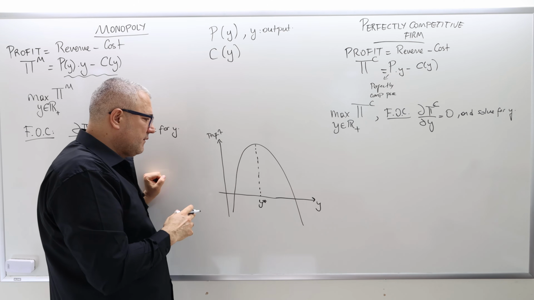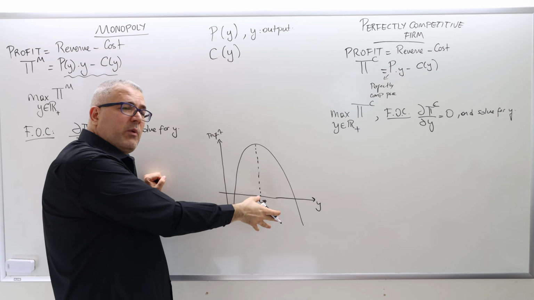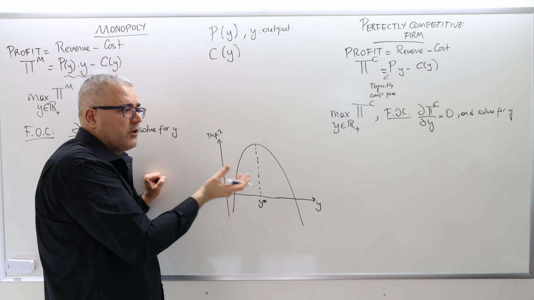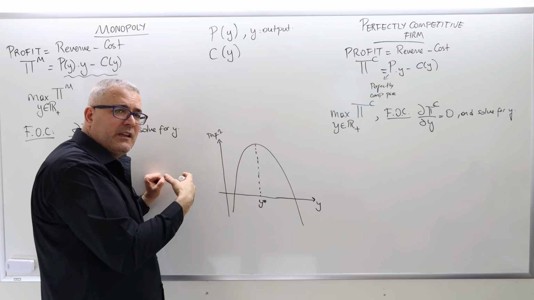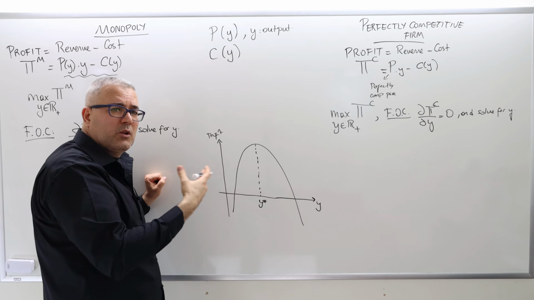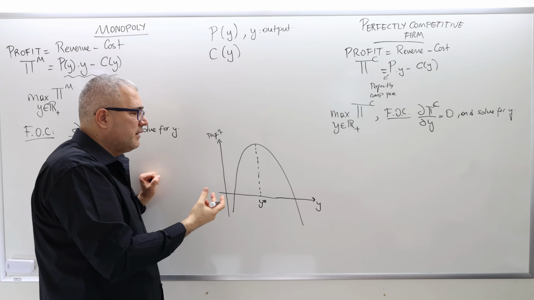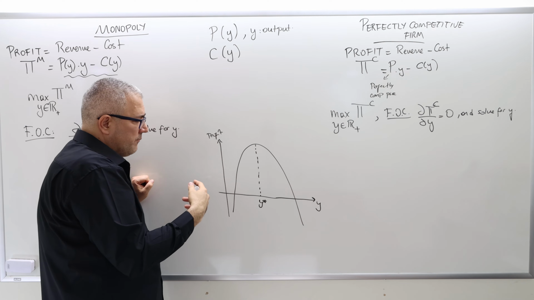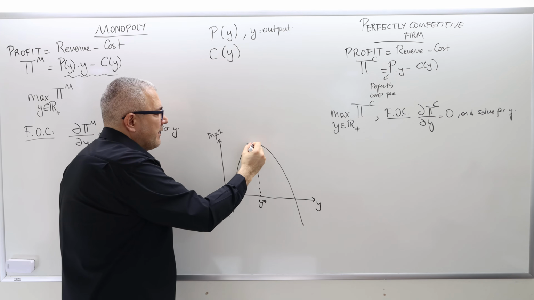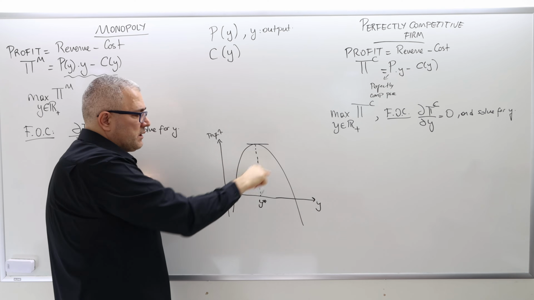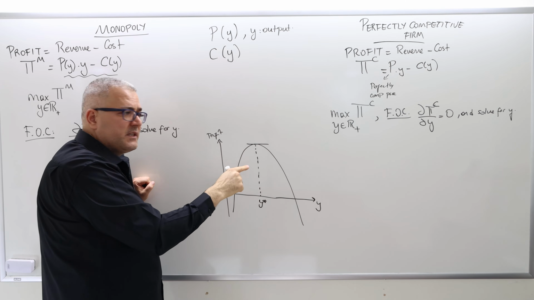Well, what do I know about this point? Obviously, drawing the graph of a profit function is not always easy and feasible, so finding a generic solution is always a better approach. What we know is that here, if we draw a tangent line at that point, it's horizontal, meaning its slope is 0.